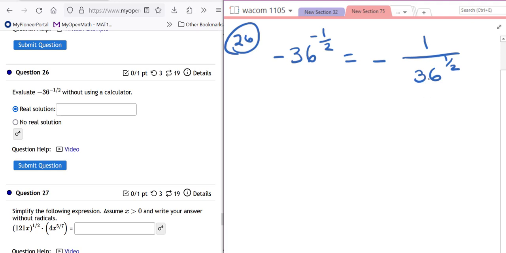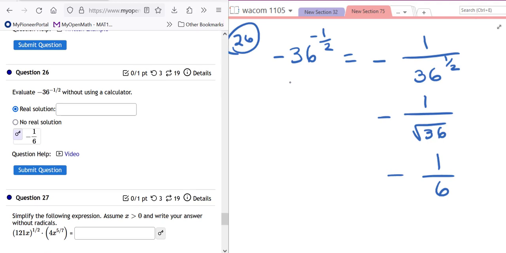And that will simplify. That's the square root of 36, which will just give you 6. That would not have been okay if we had parentheses. So -1/6.